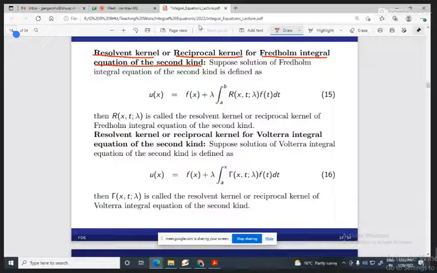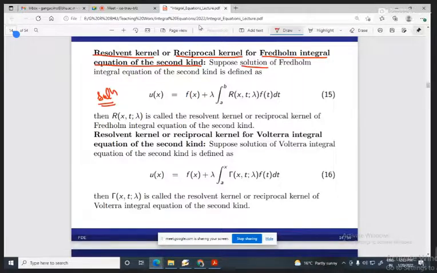Okay, so suppose the solution of the Fredholm integral equation of second kind is defined here. This one is the solution: u(x) equals f(x) plus lambda integral from a to b, because it is Fredholm, R(x,t;lambda) f(t) dt.